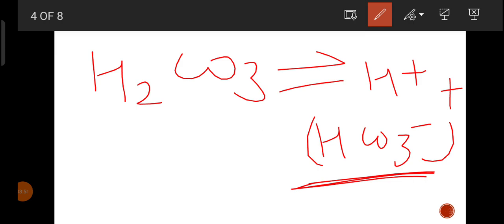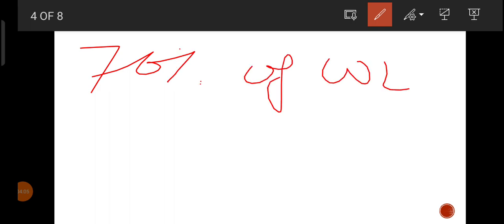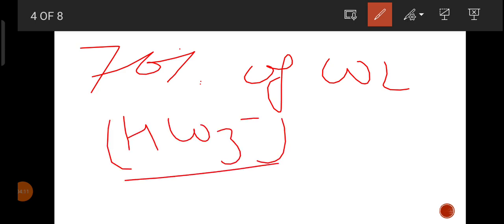This is the bicarbonate ion. Remember, ion. Why am I saying ion? Because a negative charge is present. So 70% of CO2 combines with H2O and forms HCO3 minus, the bicarbonate ion.